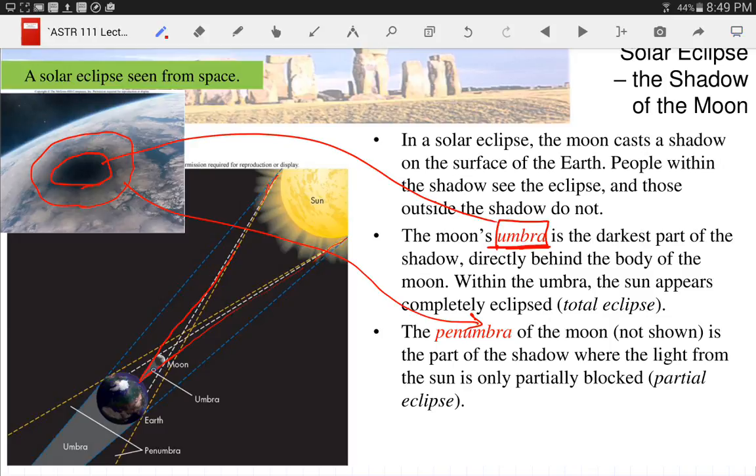But you have complete shadow inside the red here and partial shadow inside the white. And so everything in this region here is in the penumbra, but only at that point are you in the umbra. So anytime you're in the penumbra for a solar eclipse, you see a partial eclipse because you're seeing part of the sun blocked. But if you're in the umbra, you see the full eclipse, you see the full sun blocked.